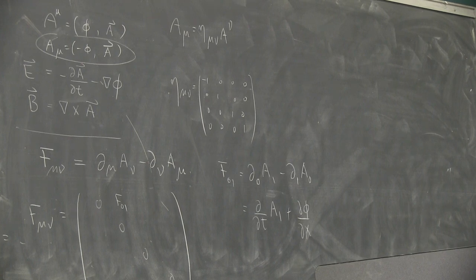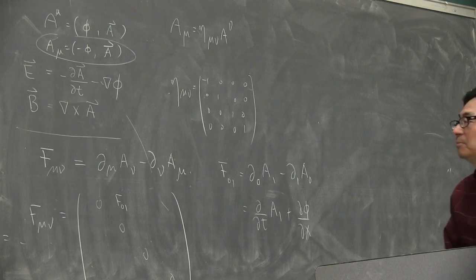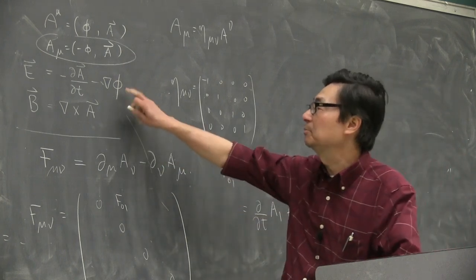And so this is precisely, F01 is minus the first component of this vector.